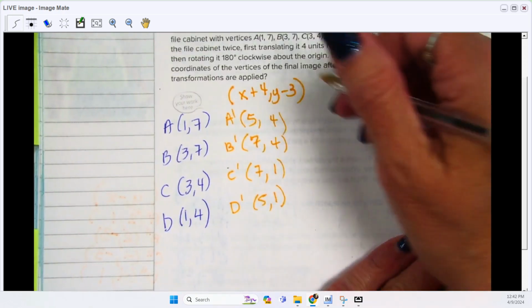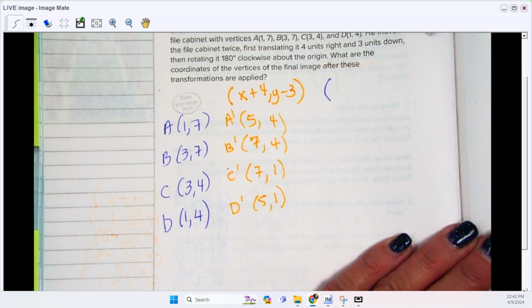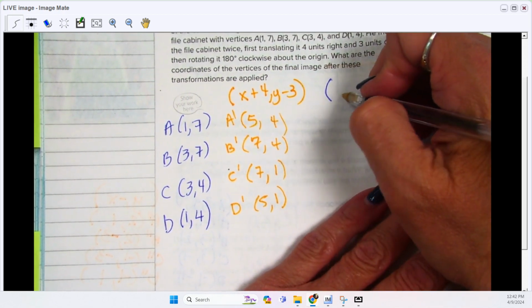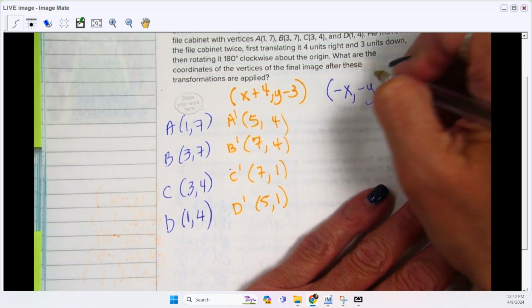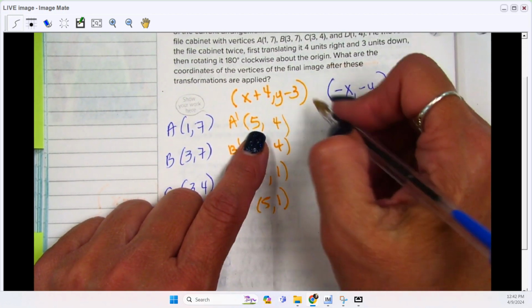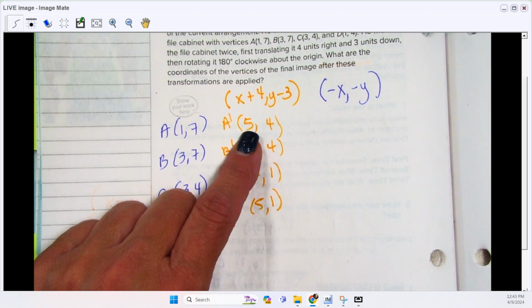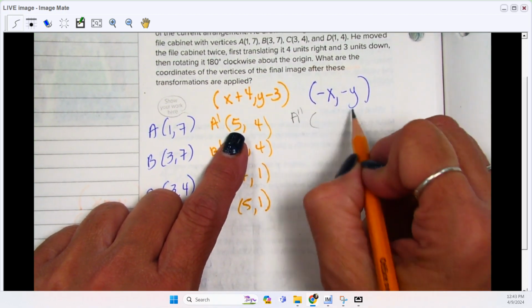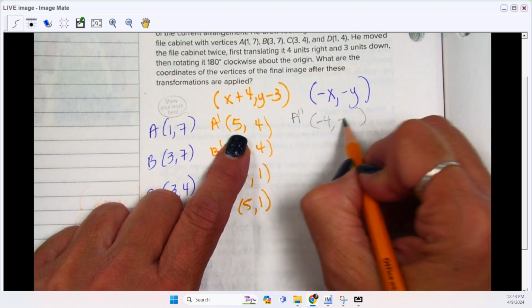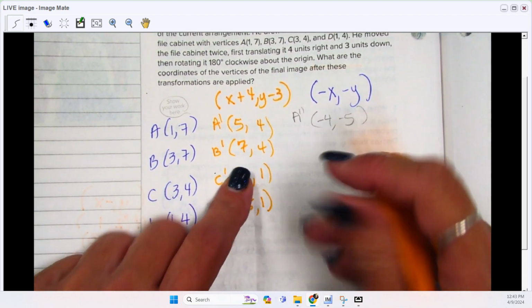Then 180 degrees. That means I'm going to take these right here, and I'm going to switch them around. Oops, it's supposed to be in pencil. Negative 4, negative 5. Nope.